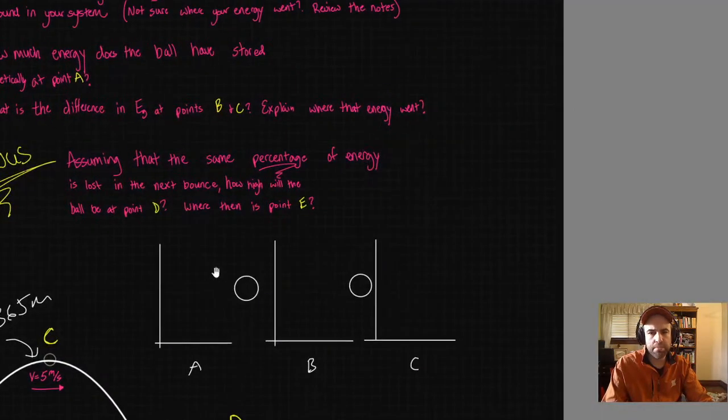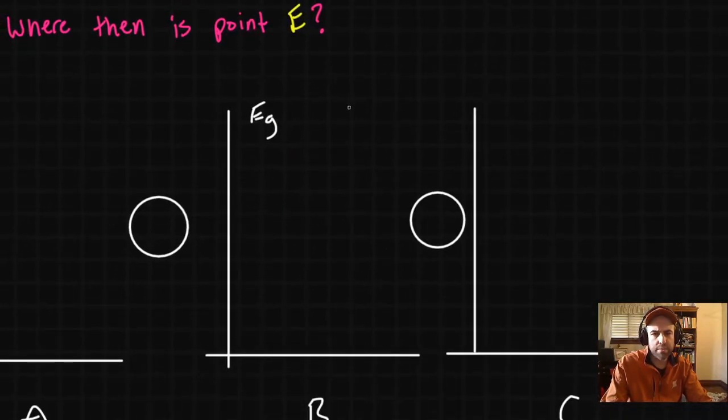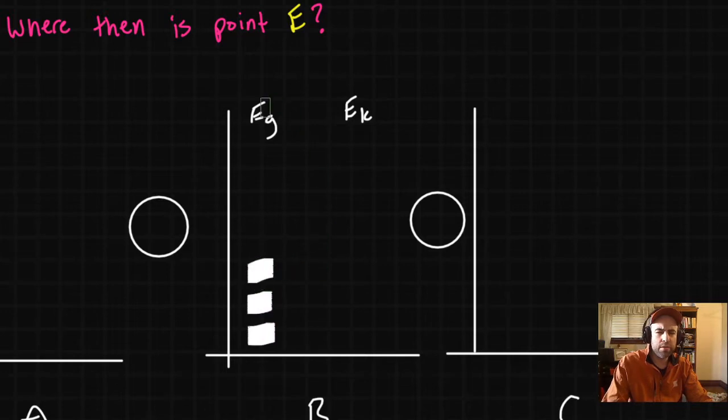So that means it must have energy stored in at least these two places. Energy stored gravitationally, because it's some distance above the ground, and energy stored kinetically, because it's moving. So I'll do 4 boxes for this. 4 boxes and 4 boxes.